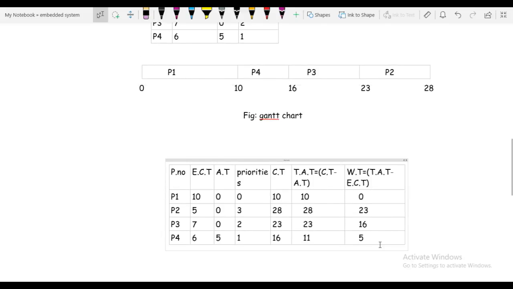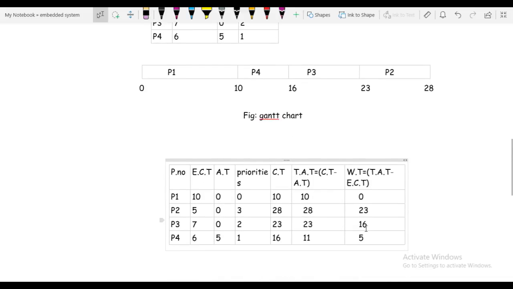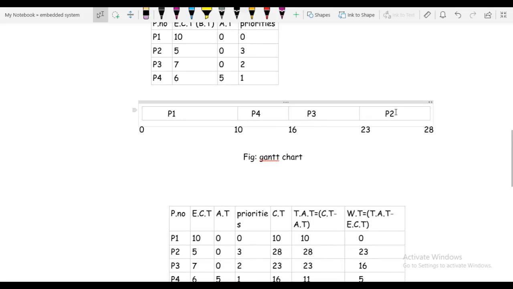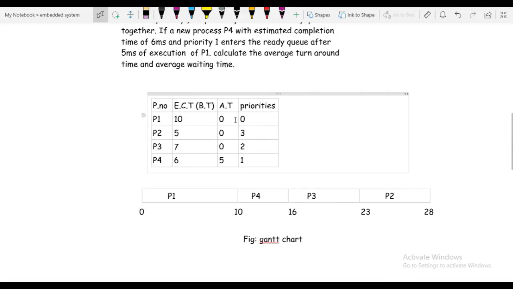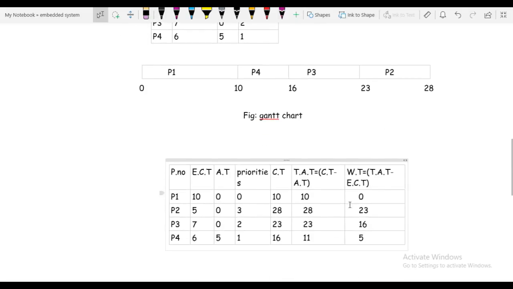P3 has waited till 16, and P2 has waited till 23, because these processes arrived at 0 and were about to execute first, but due to priority they have to wait this long.